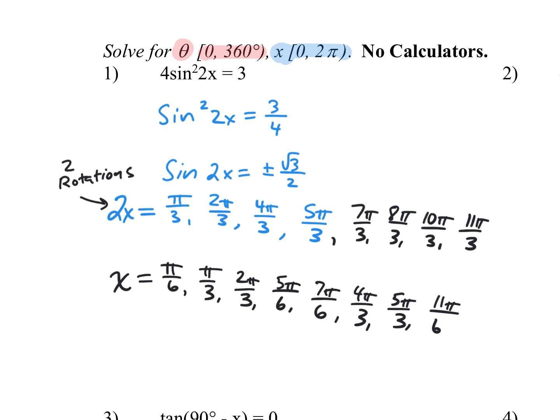Well, a sine function that's not one of our quadrantal angles is going to have 2 solutions most times, right? One in the first and one in the second quadrant. With our plus or minus, now we have solutions in quadrants 1, 2, as well as 3 and 4.